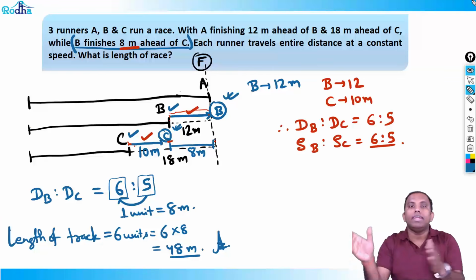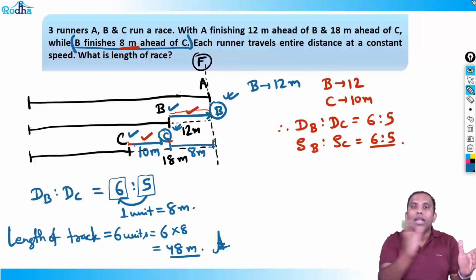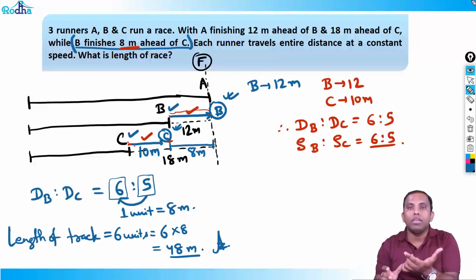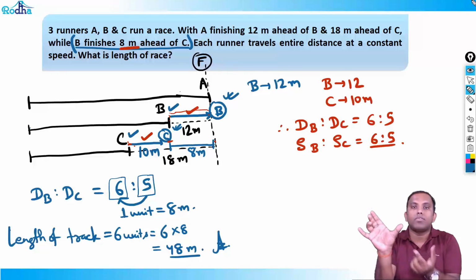Earlier, C was 18 meters behind the finishing line. So from 18 meters behind to 8 meters behind, C has covered a distance of 10 meters in the time B has covered 12 meters.